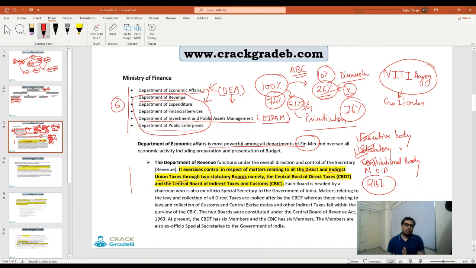Similarly, planning commission was also formed with an executive order given by our first prime minister Pandit Jawaharlal Nehru. So his government passed an order and they formed planning commission.